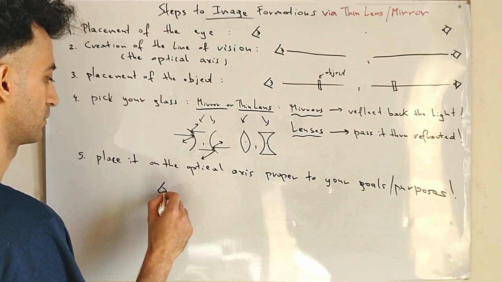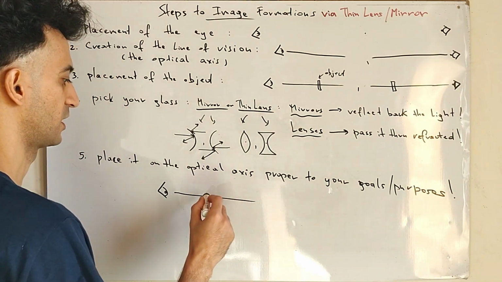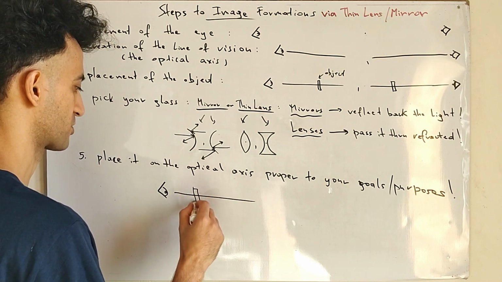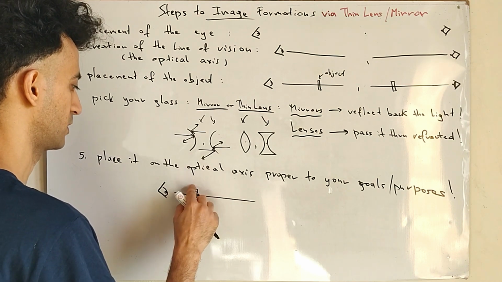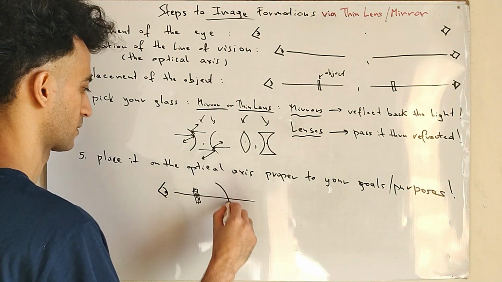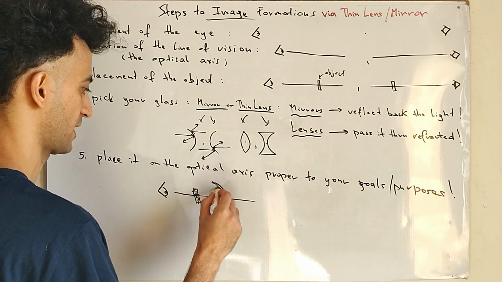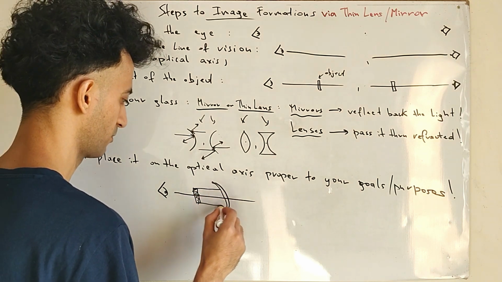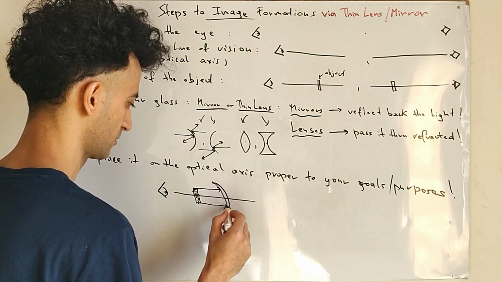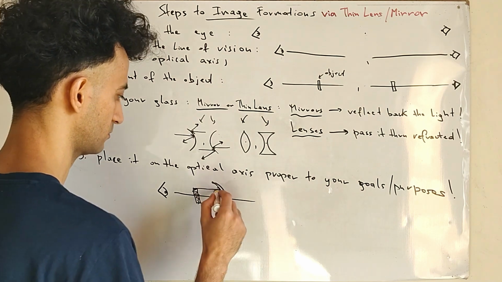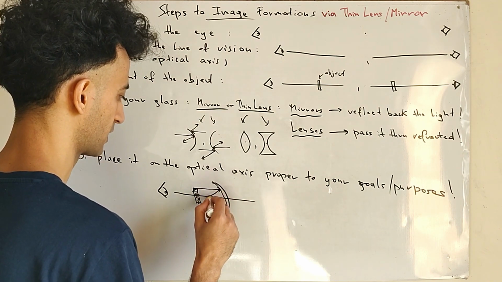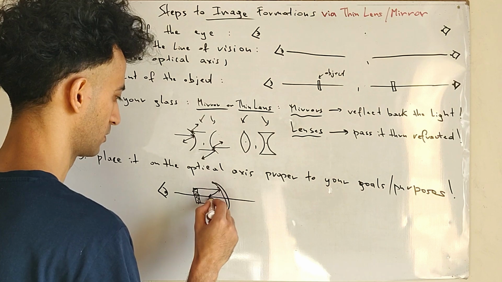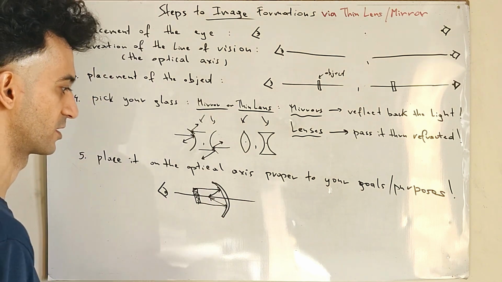The purpose of placing a mirror is to see the reflection of something between you and the mirror. So if you place a mirror like that, then the rays of light going from the object, reaching the mirror, will bounce back in a certain direction.